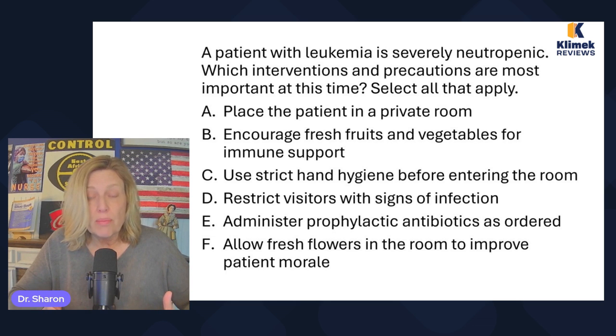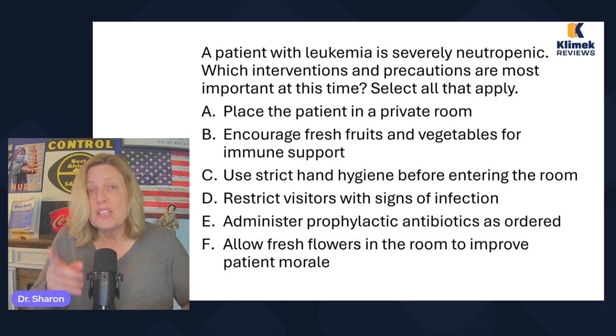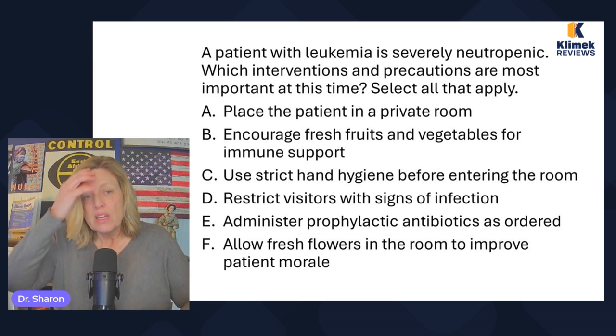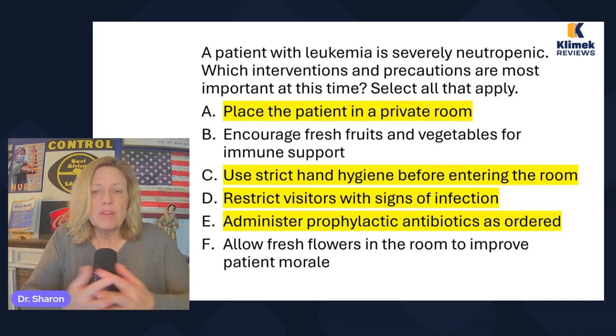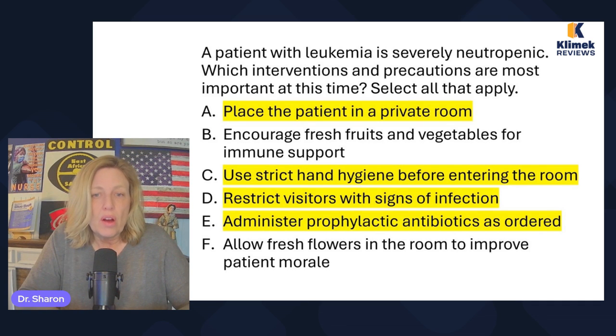So prophylactic antibiotics might be used, and it has two words in it that I like for Nclex. It says as ordered. So I go, well, if they order them, I mean, it's not contraindicated. And they are extremely immunocompromised, so I don't see why not. So I'm going to go ahead and pick all of those answers, okay?